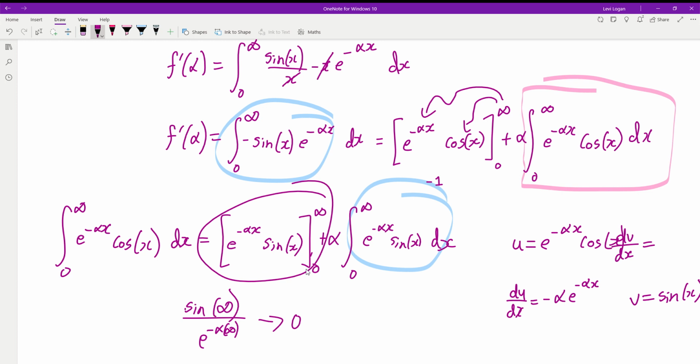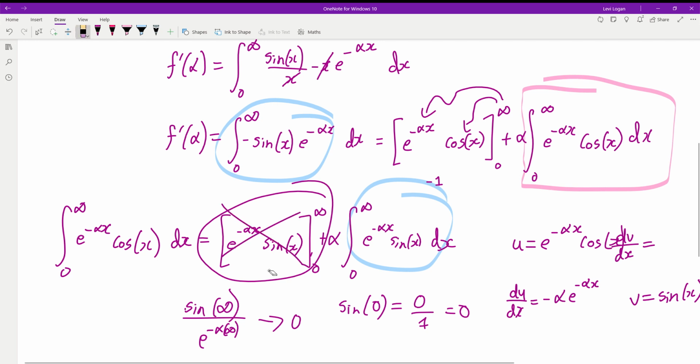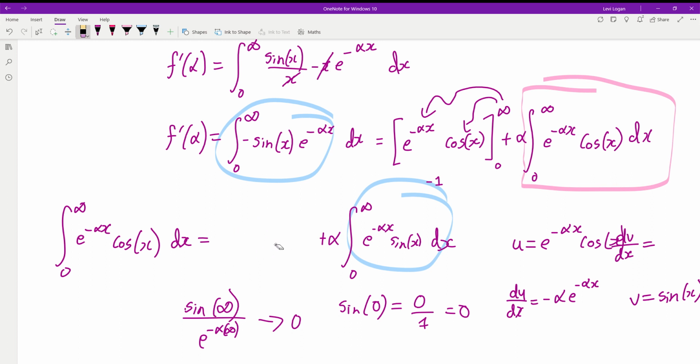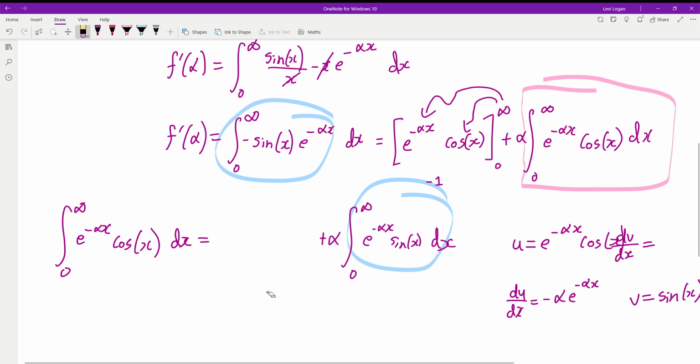If you put 0 into here, sine of 0 is 0, and then you have 0 divided by 1, so that's just 0. So this entire square brackets disappears. So I can rub all that out, because there's nothing there. Our little pink box over here is just equal to a multiple of what we have over here.